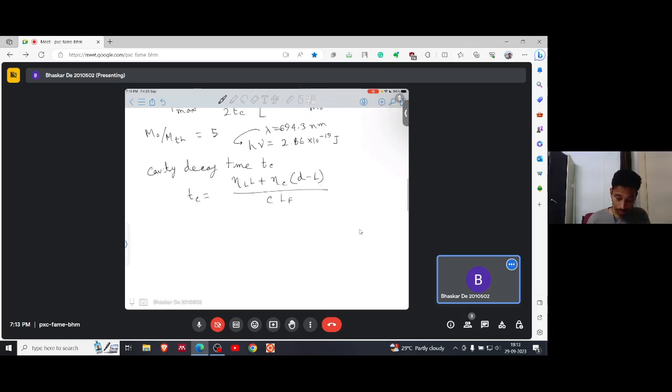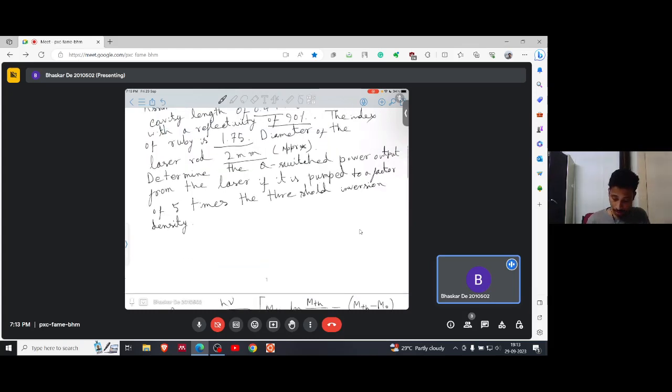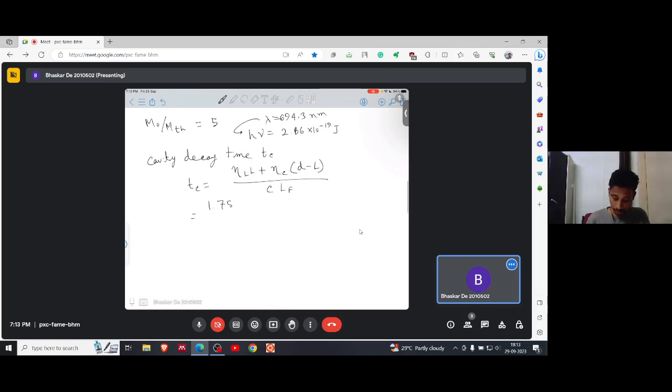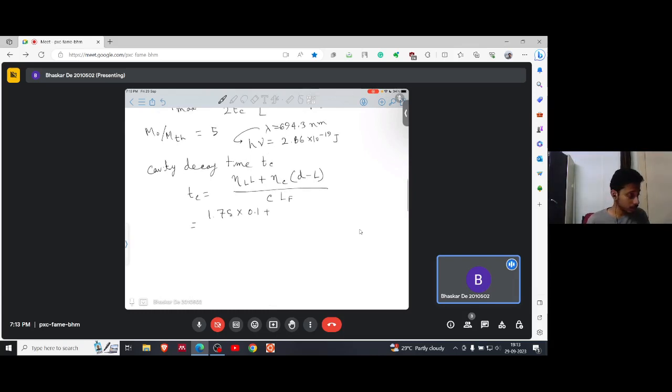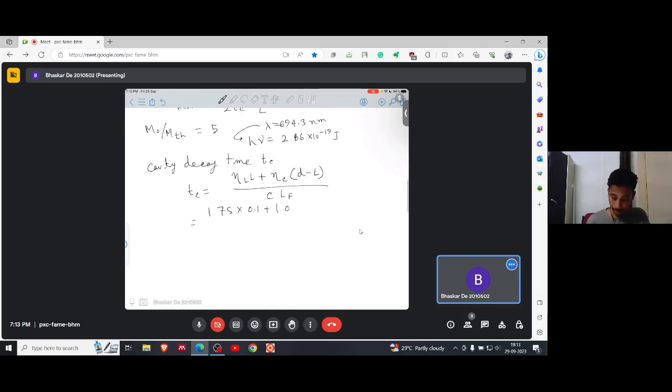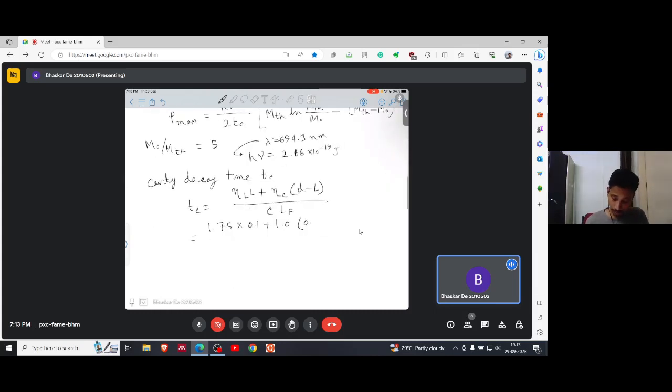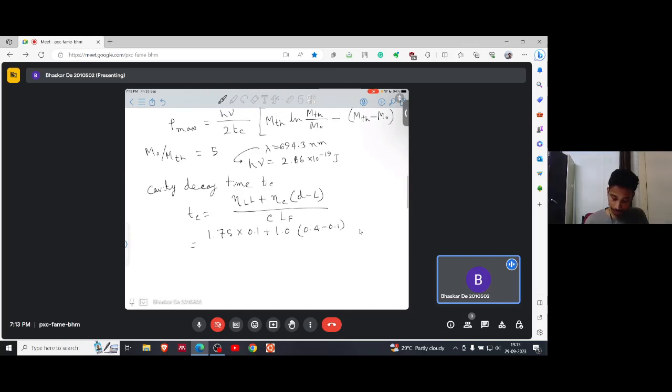So now I'll write that eta L is the refractive index of the ruby rod, that is 1.75 multiplied by 0.1, plus eta C, which is the air, then D minus L. The cavity length is 0.4, so it will be 0.4 minus 0.1. Then C is 3 into 10 to the power 8 meter per second, and then L is 0.1.